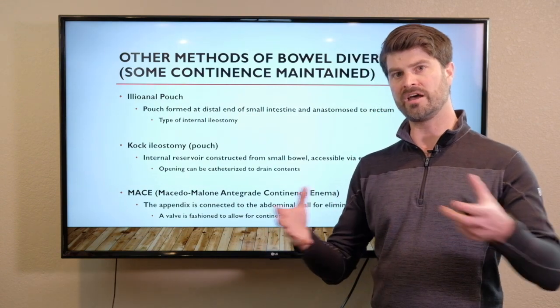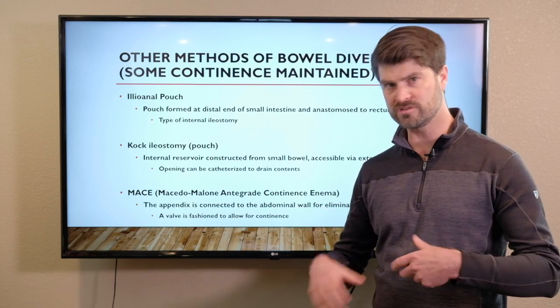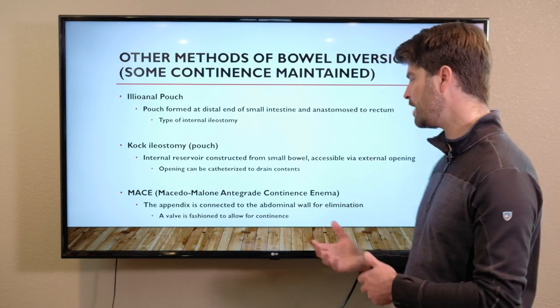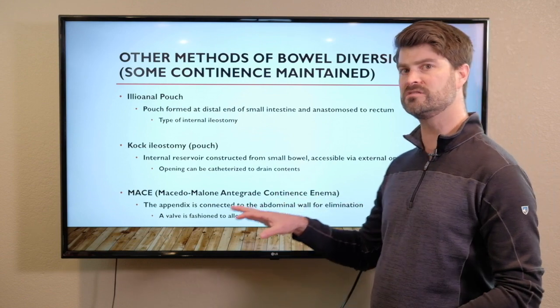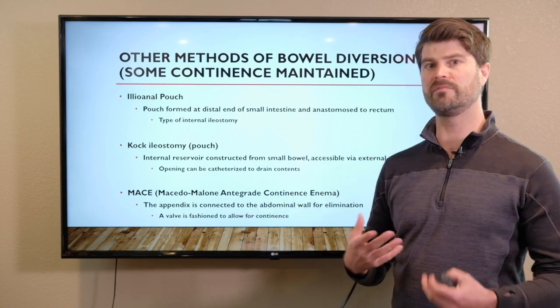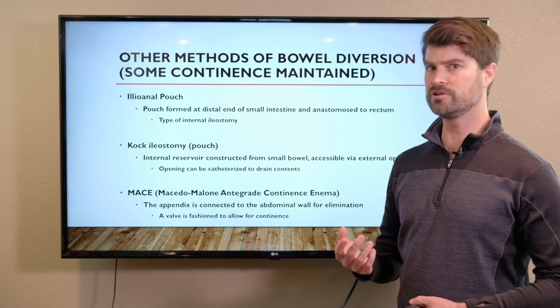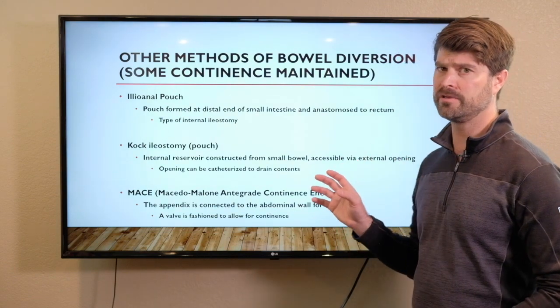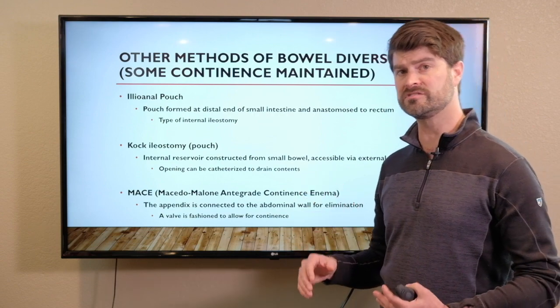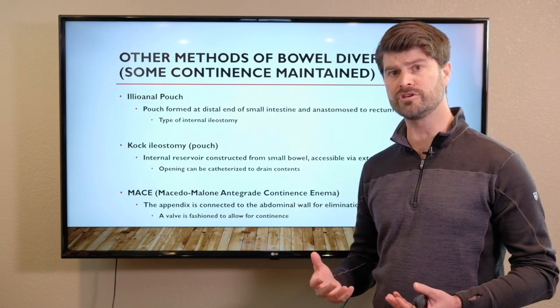Because of the dilation and the size of the appendix relative to the rest of the bowel, there is an element of continence that patients can get from these. So all of these different creative methods are pretty non-traditional. They're designed to help give patients an element of continence to their bowel diversion.